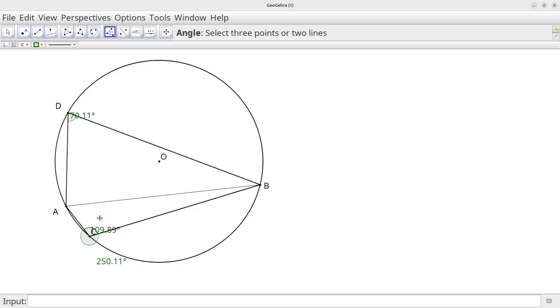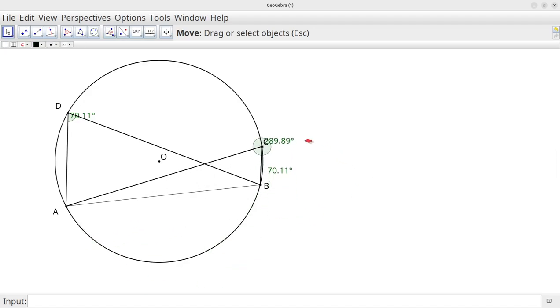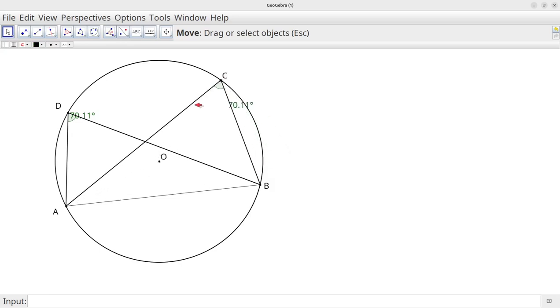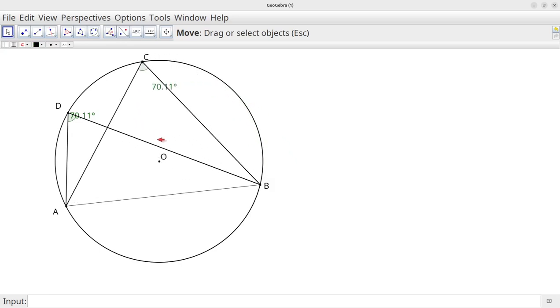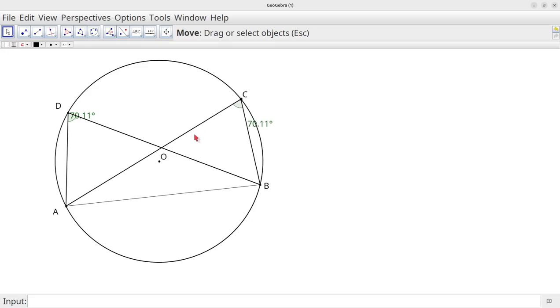Now this one, it's no longer that. They are now not on the same segment. But for as long as these two angles are on the same segment, they are going to be equal.